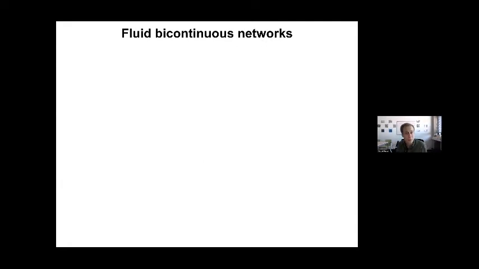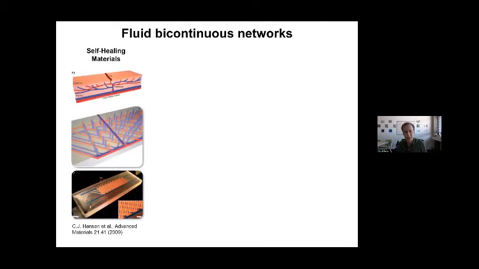Let me give you some examples of fluid-bicontinuous networks. Think about your skin, for instance. If you experience an injury, you are aware that your skin will be able to self-repair itself, and that happens via the supply of nutrients to different blood vessels that then allow your injury to heal.